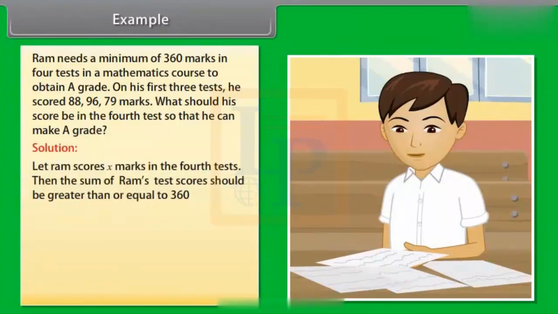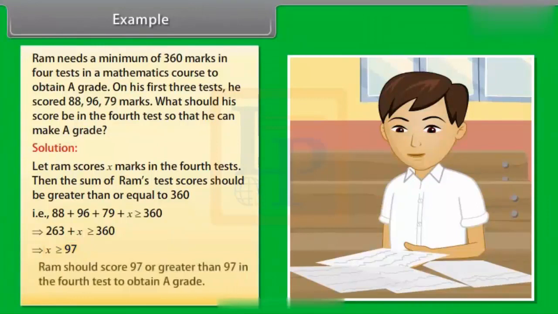Then the sum of Ram's test scores should be greater than or equal to 360. That is 88 plus 96 plus 79 plus x greater than or equal to 360. It implies 263 plus x greater than or equal to 360. It implies x greater than or equal to 97. Ram should score 97 or greater than 97 in the fourth test to obtain A grade.